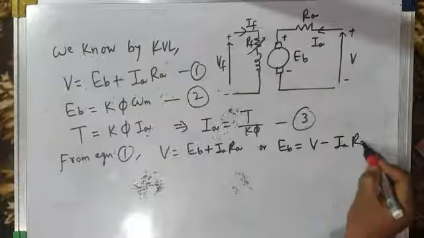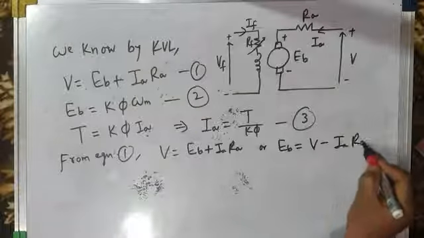This equation can also be written as omega m is equal to omega m naught minus K dash into T, where omega m naught is equal to V by K phi. It is the no load speed of the motor, the speed of the motor when it is at no load.